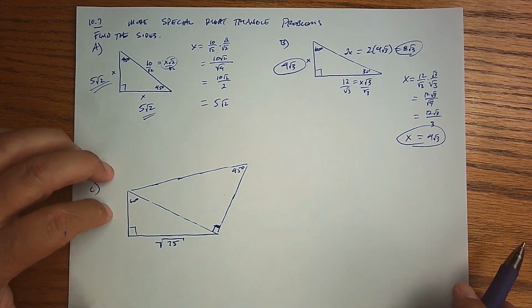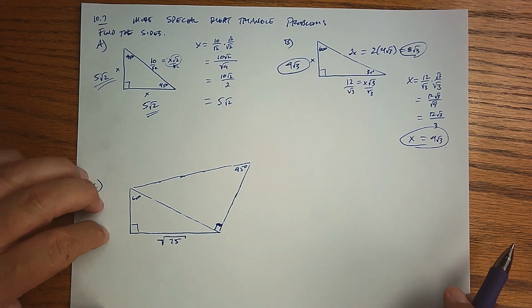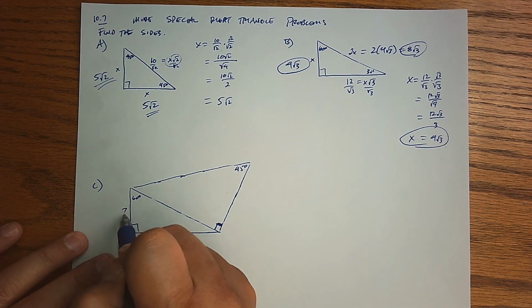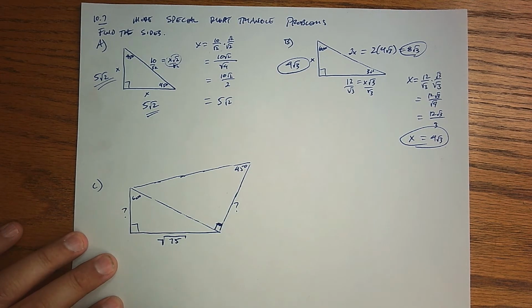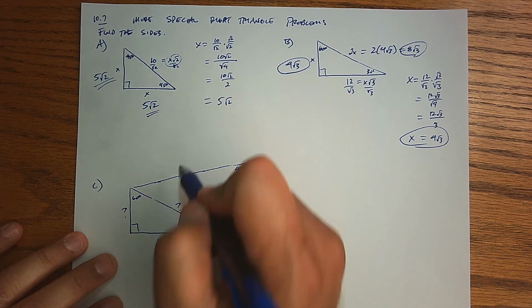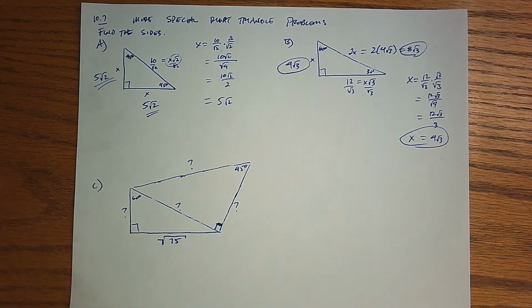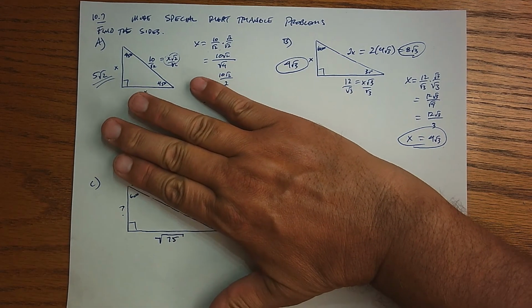I think there's a word problem associated with this somewhere in that homework set, if I'm not mistaken. But whoa, we got all kinds of things going on, and I have a lot of sides. I don't know what this side is, I don't know what that side is, I don't know what that side is, and I don't know what that side is. So I have 4 things I do not know. So how about we break it down and forget about that for a moment?